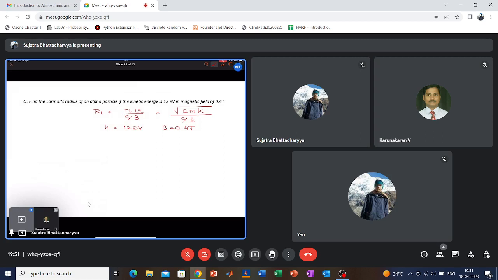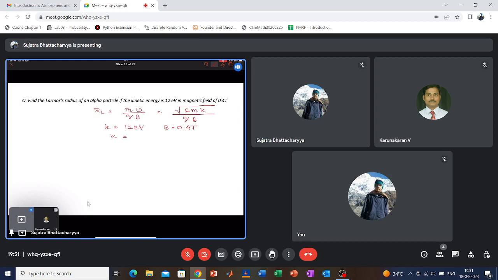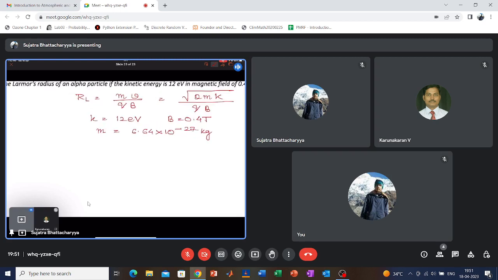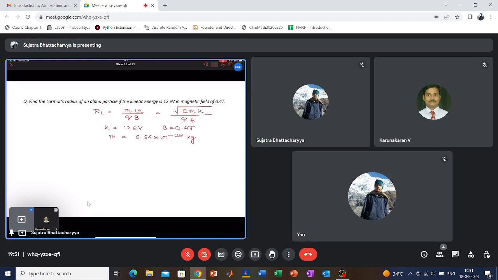And one more thing is required here, that is the mass. We have seen for the alpha particle it is 6.64 into 10 to the power minus 27 kgs. So that much mass we can write and find the expression.